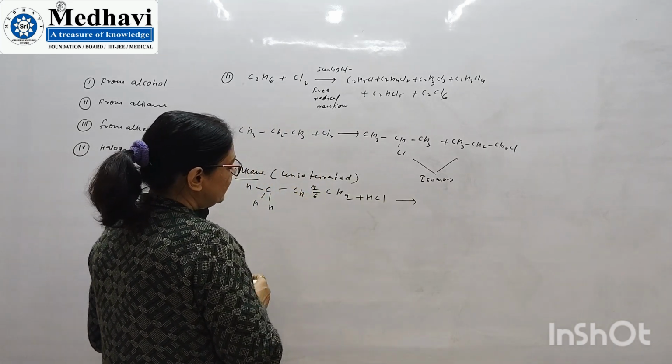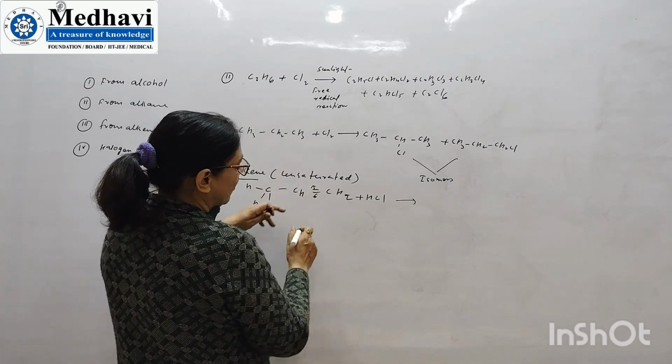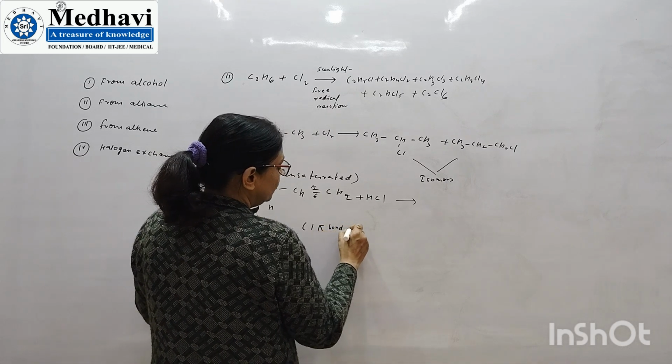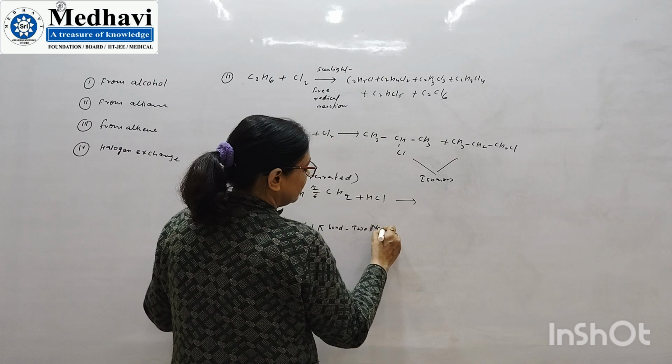The pi bond is a weak bond, so this pi bond is broken, and for one pi bond, mind it, two new bonds are produced. Very, very important.